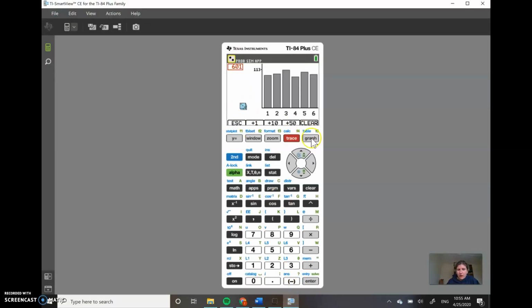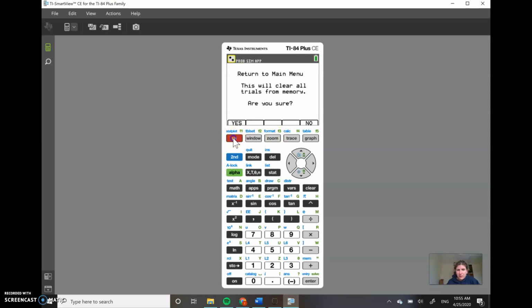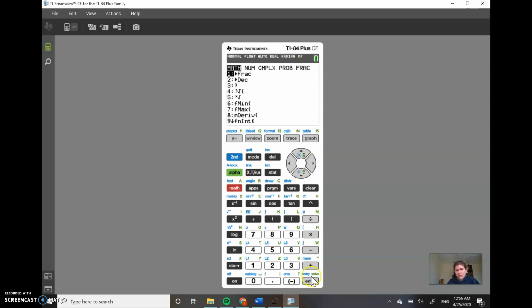So we're going to have 2 out of 15 times 31, and that gives us 62 out of 15. Now that doesn't really tell us much at all, so we want to convert that to a decimal. Your calculator will do this differently; you want to use the S to D button that you have.